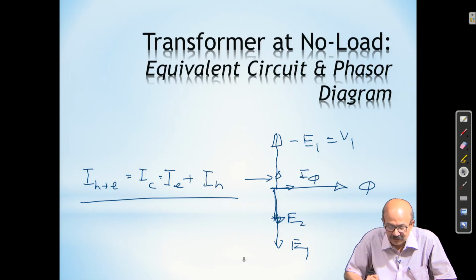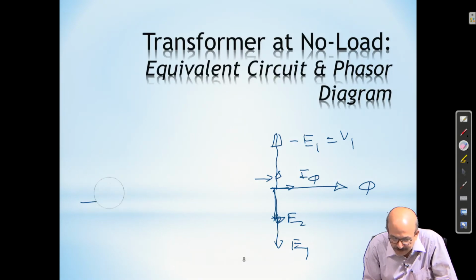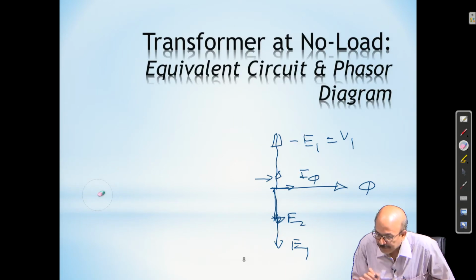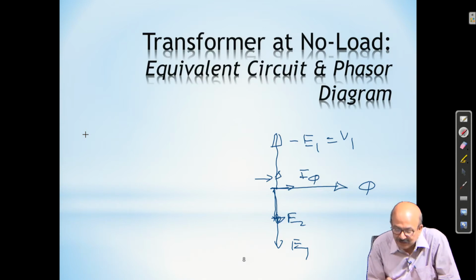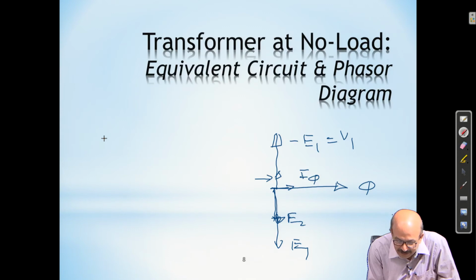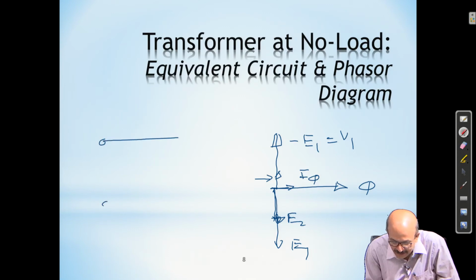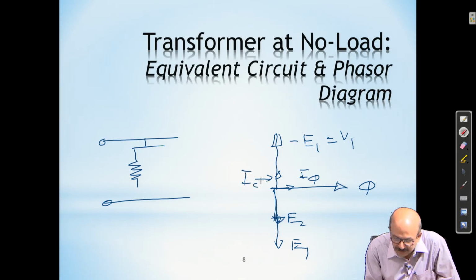So, if we carry forward, we have the transformer no load equivalent circuit and phasor diagram. The phasor diagram is this. If we try to develop the equivalent circuit, this is of course easy. Still we are neglecting resistance and leakage. So, you have a resistance R to take care of the core loss component IC, which flows through it.